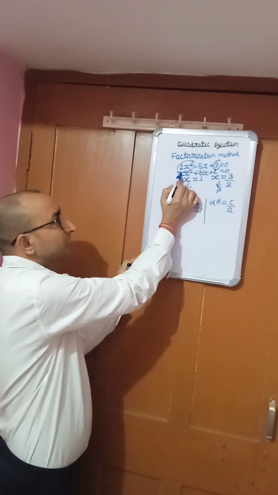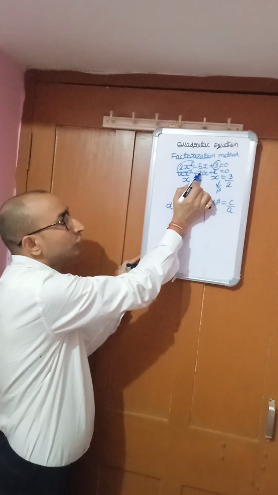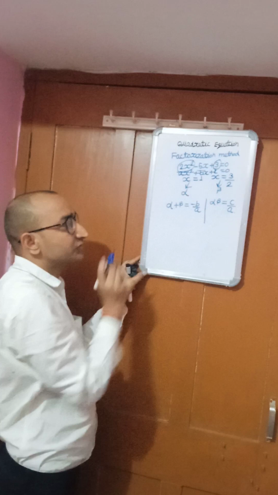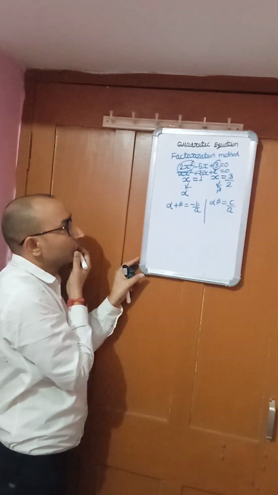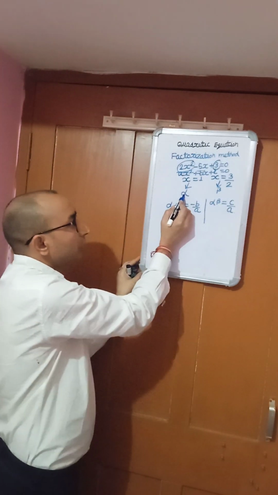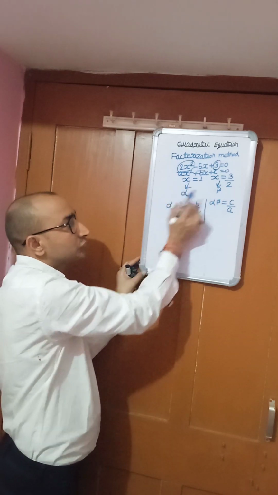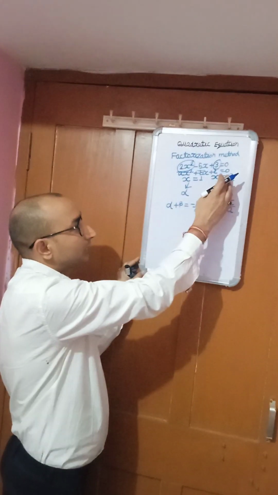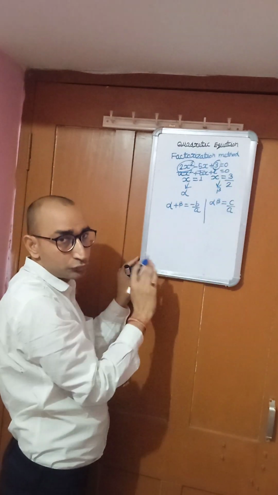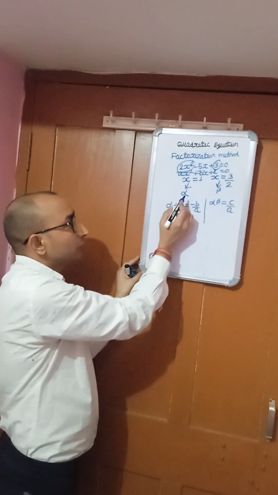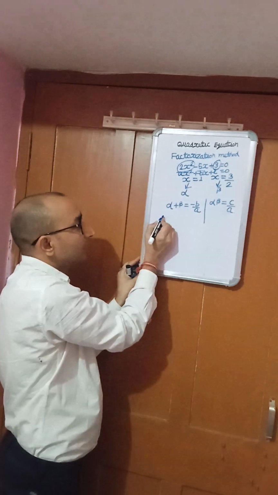If we compare here, the value of a is 2, value of b is minus 5, value of c is 3 here. And the solutions are x equals to 1 and x equals to 3 by 2. So put here the value of alpha is 1 here.